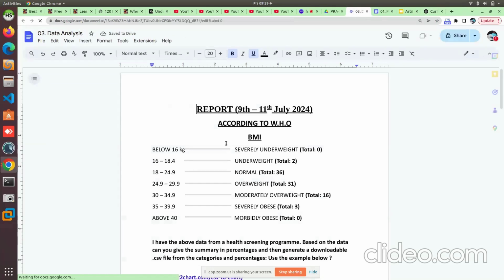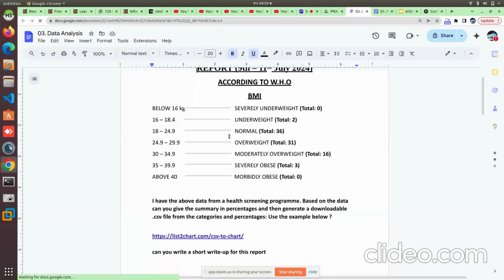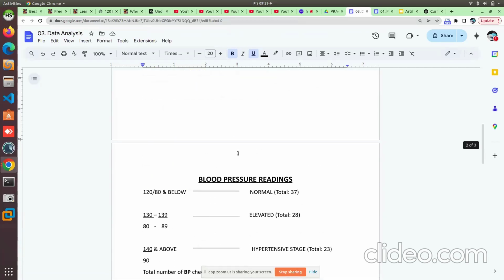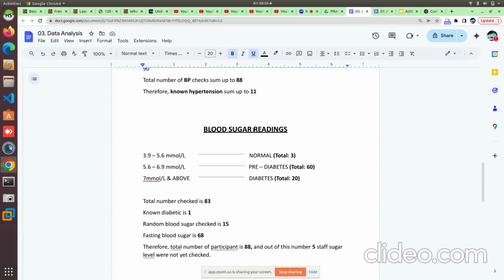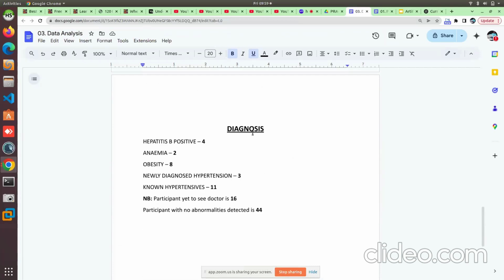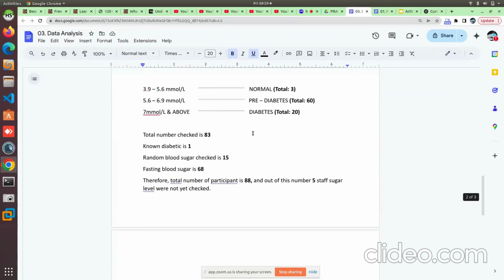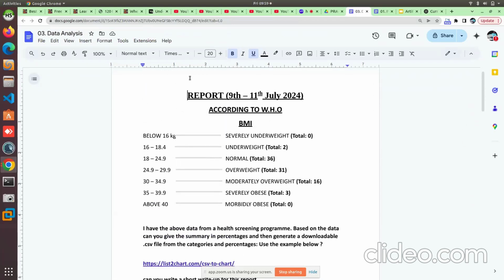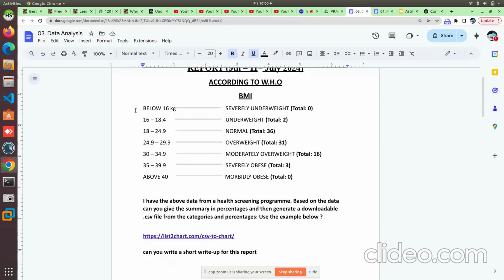Last time we did a screening for one company, and we looked at their BMI, their blood pressures, and their blood sugars, and then we came up with certain diagnoses based on the results. I'm not going to tell you which company it is, which is why I deleted their name at the top. Here we did the BMI, body mass index.